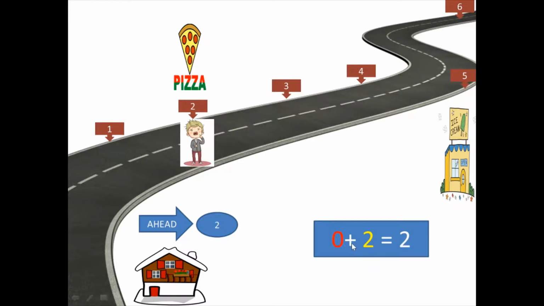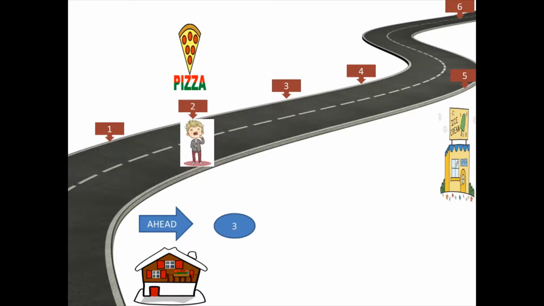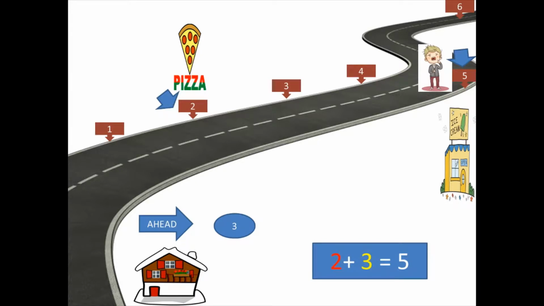Okay, now still he is feeling hungry, so his dad says you go ahead 3 more kilometers, you will get something. So he goes 1, 2 and 3, and what he gets? Ice cream. Okay, so in mathematics, how we'll write it? He was at 2 kilometer milestone.